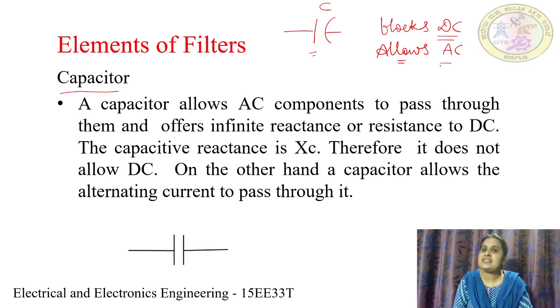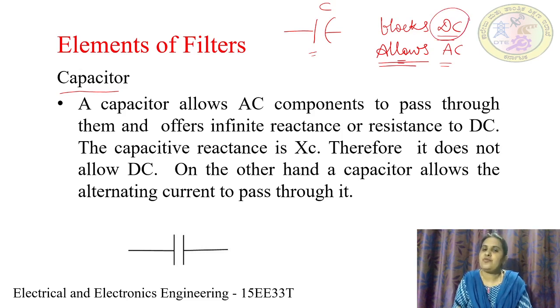But in AC we have the changing voltage. Therefore, the capacitance allows the changing voltage. It doesn't allow the not changing voltage. Which is a not changing voltage? The DC is a voltage that doesn't change.